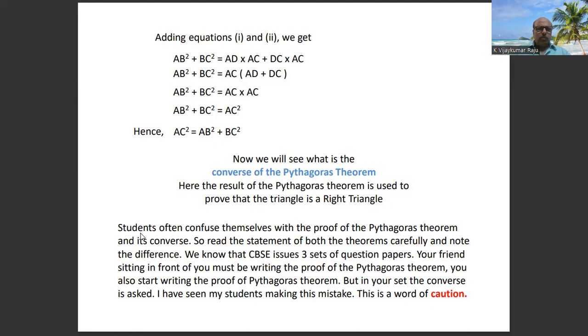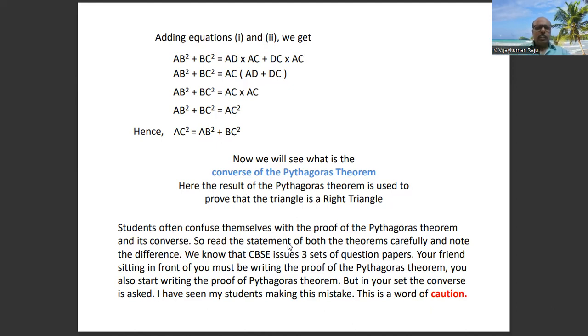See this, I have written something, just read this. Students often confuse themselves with the proof of the Pythagoras theorem and its converse. Your usual students are in a hurry. They see the word Pythagoras, they immediately start writing the proof of the theorem. Sometimes they ask you the converse and without reading, you write the proof of the theorem and you lose marks completely.